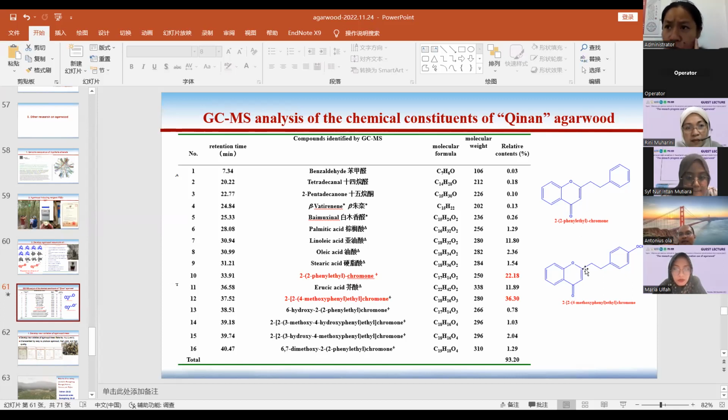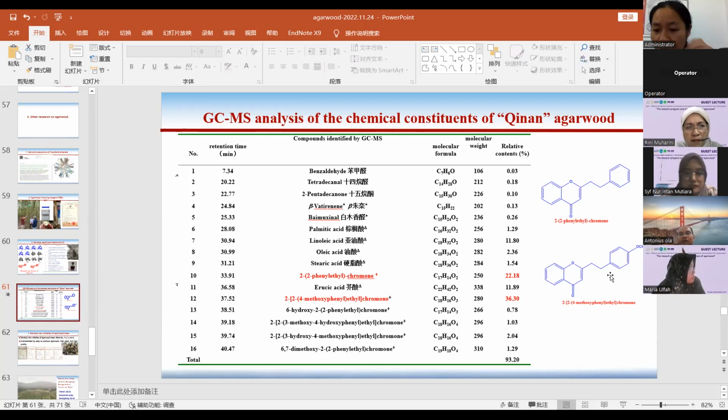And also, we did an experiment on agarwood, because it is produced when the tree is hurt. So after hurting the tree, every month we took a sample, and we found that the structures of the chromones in the agarwood are different.